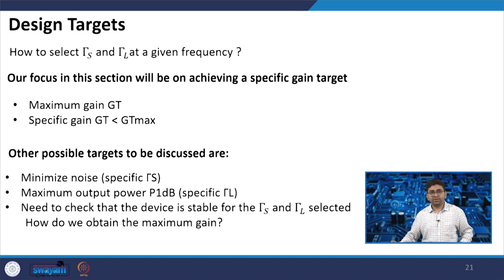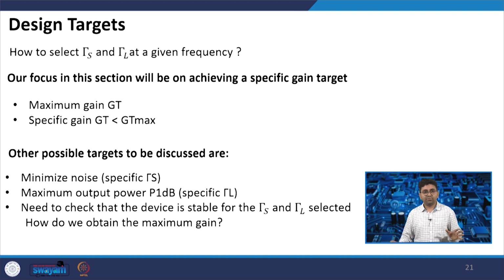Now, how to select gamma S and gamma L at a given frequency. If you want to design an amplifier, our focus in this section will be on achieving a specific gain target.